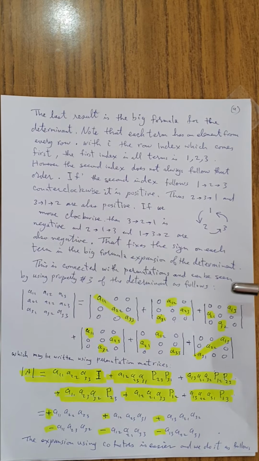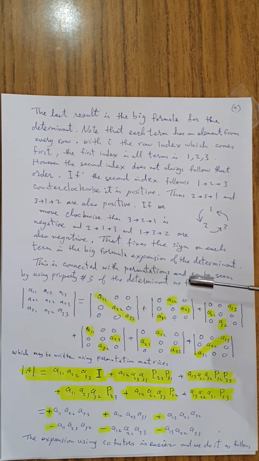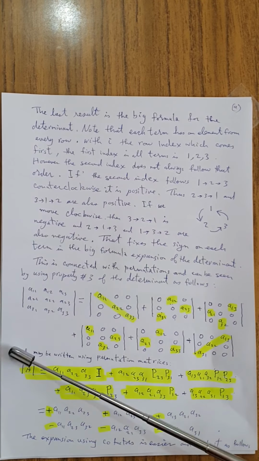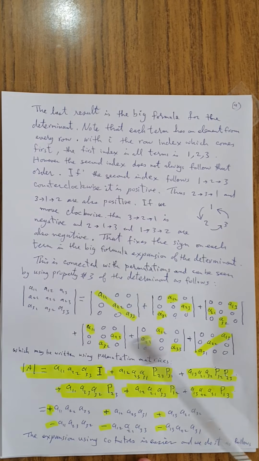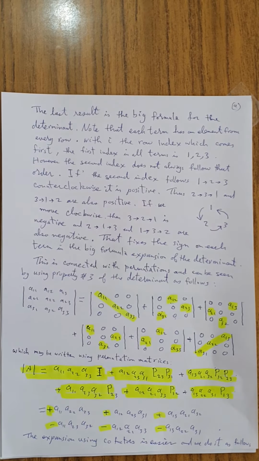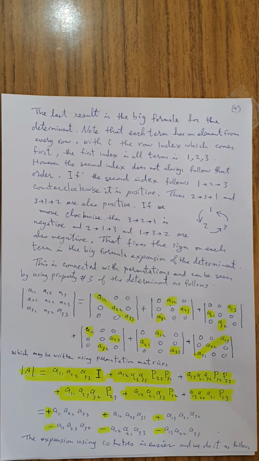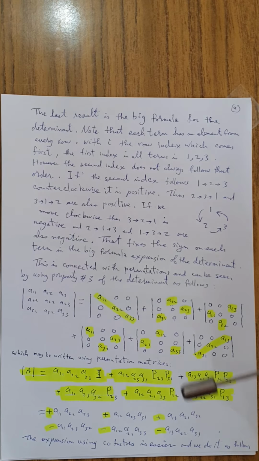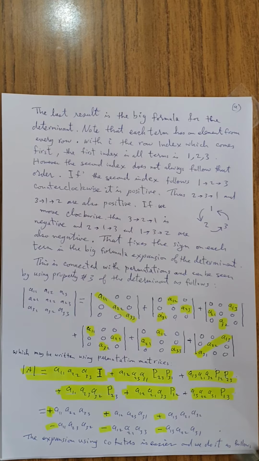This is connected with permutations and can be seen by using property number 3 of the determinant as follows. If we take A and apply the linearity property, it splits into these 6 matrices, 6 determinants, which may be written by using permutation matrices.